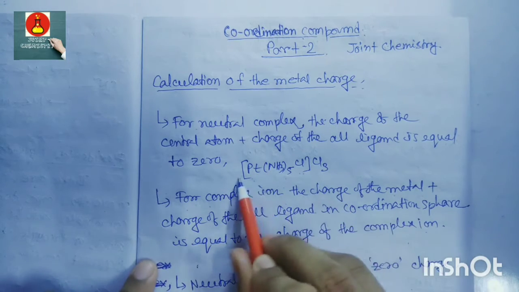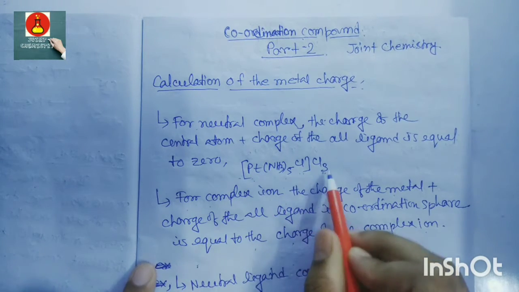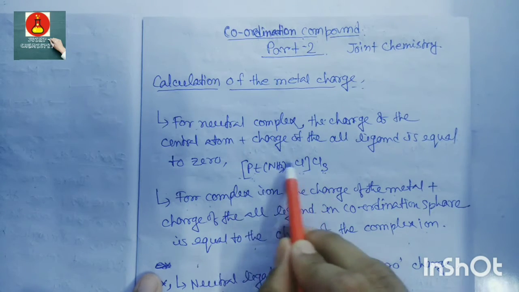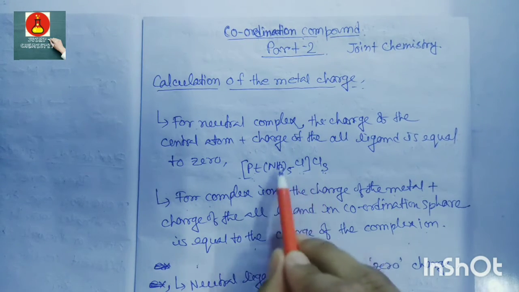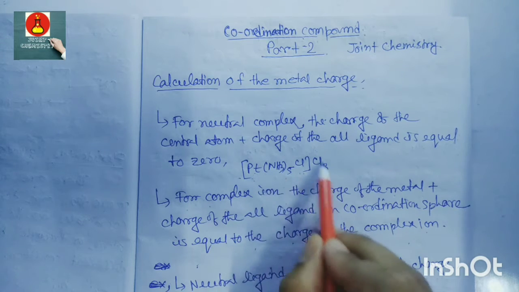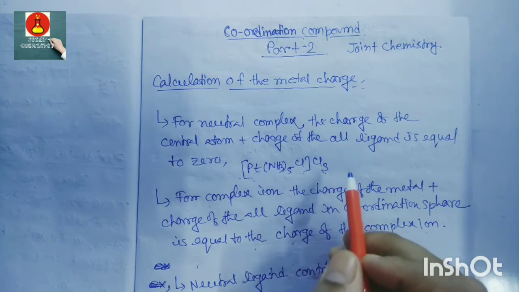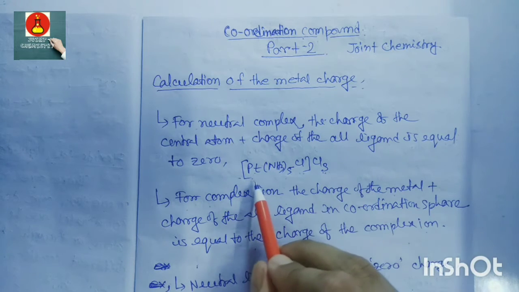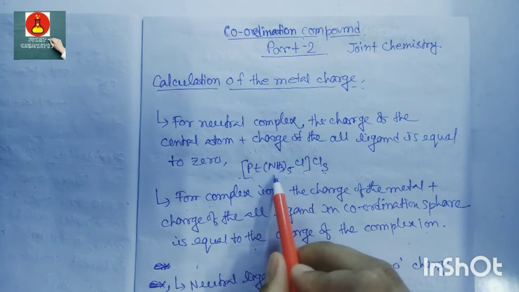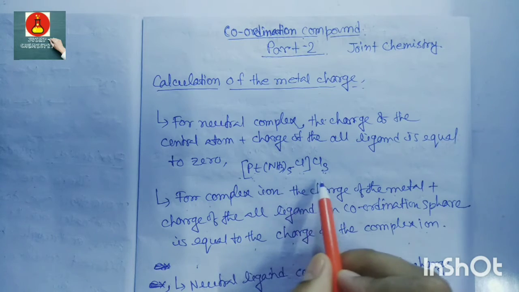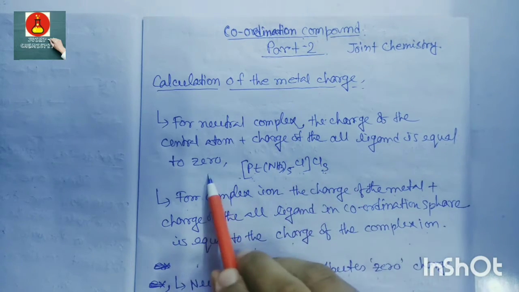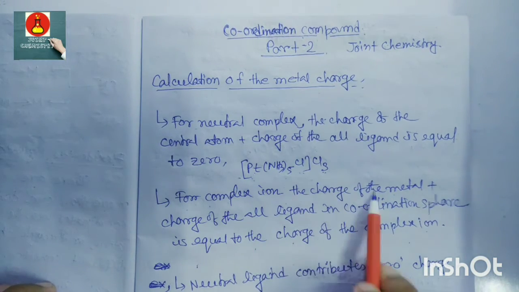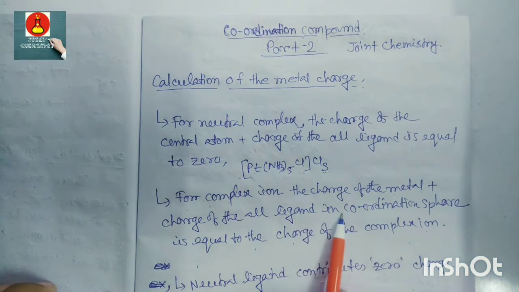Now this is a neutral complex. So for this neutral complex, the charge of this metal plus the charge of all of these ligands is equal to 0.